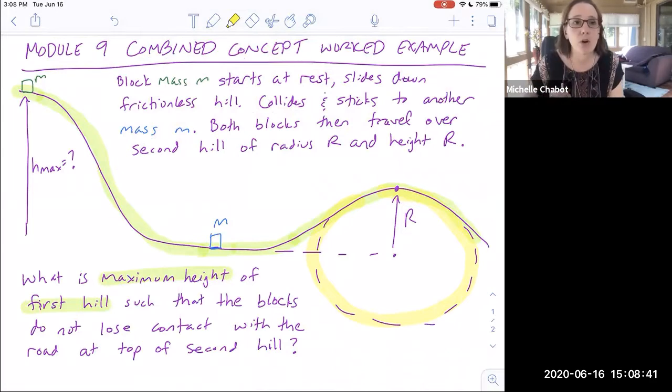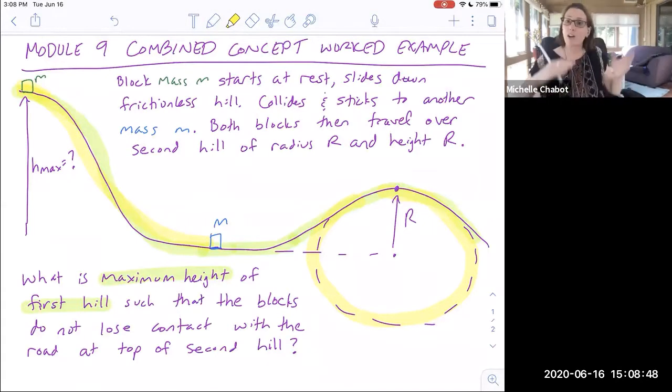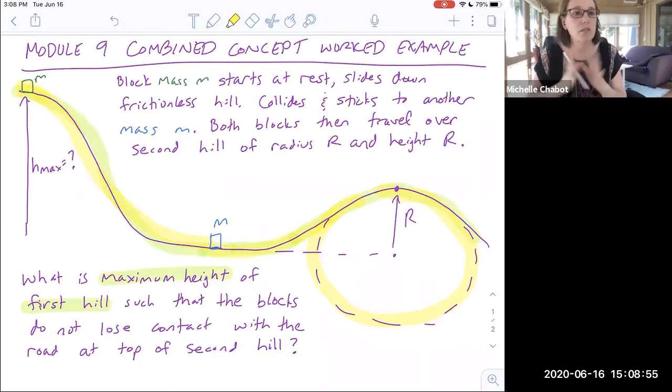We also should have this idea of a change in height from the initial mass to the second mass. That also should ring some conservation of energy bells. And then the idea that there's a collision should right away trigger the idea that you're going to be using conservation of momentum.